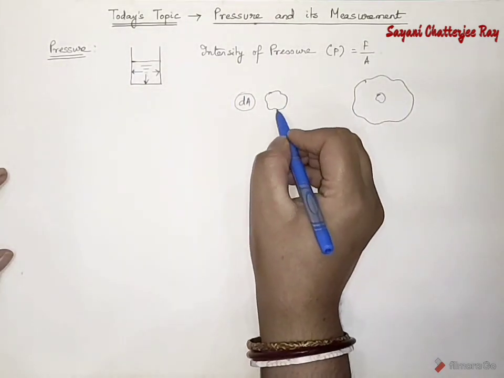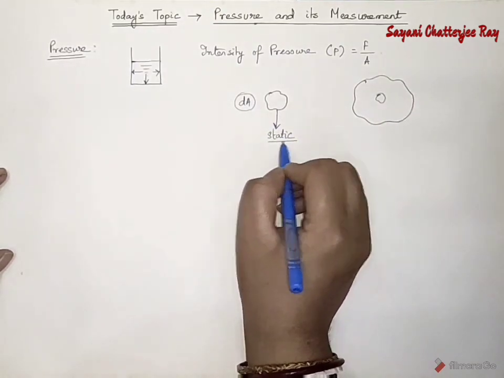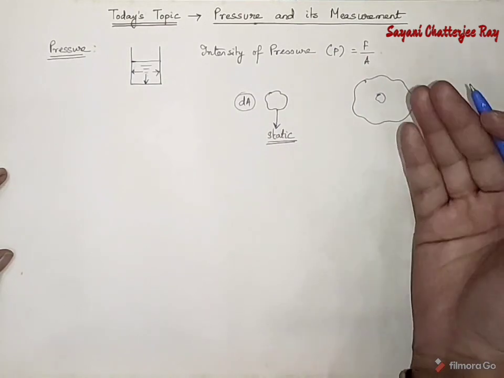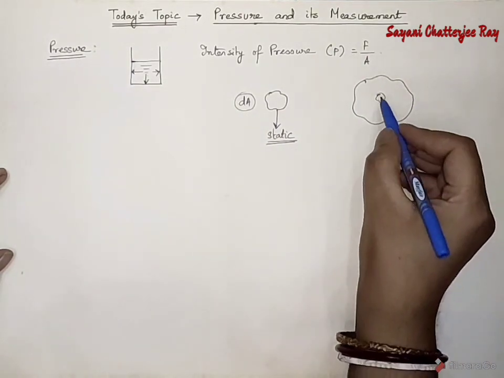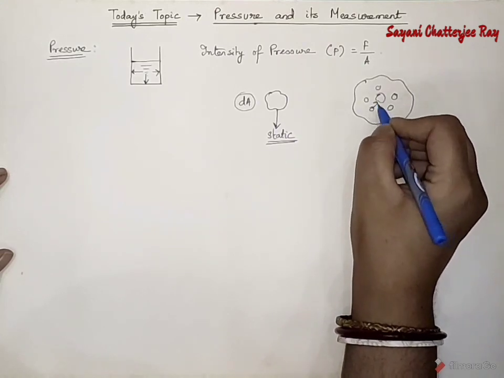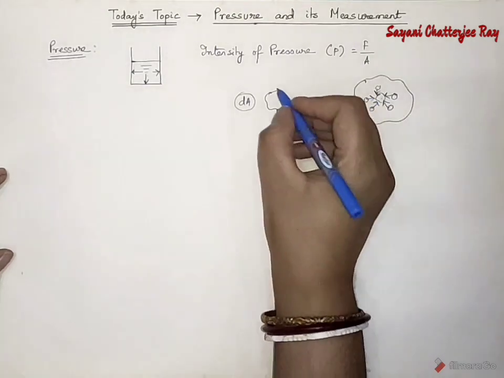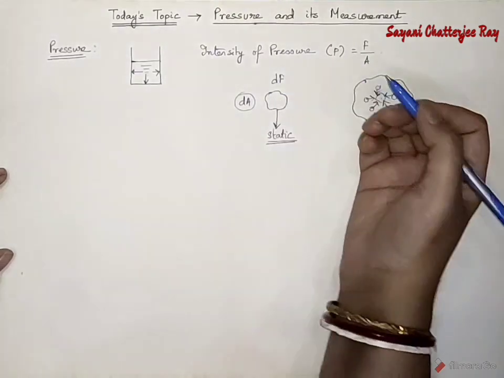Now when this fluid particle is at rest, that is it is in its static position, that means it is not in motion, at that point the surrounding fluid particles exert a force on this fluid particle of area dA and let that force be dF.